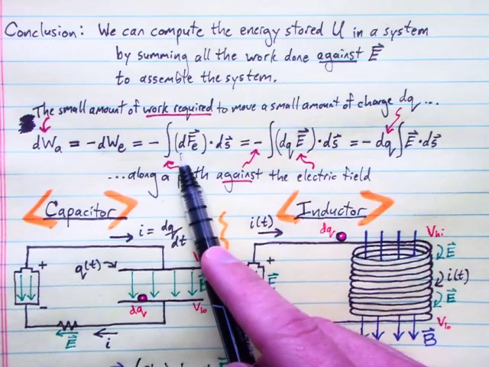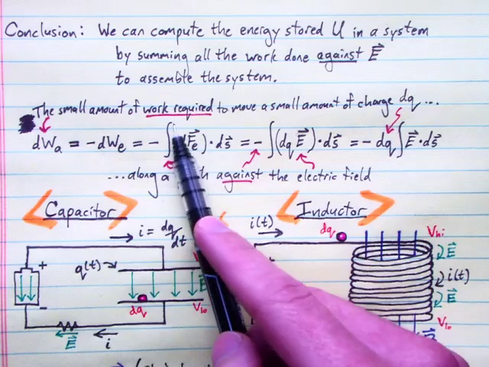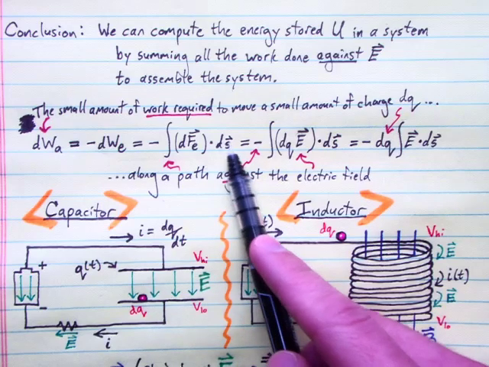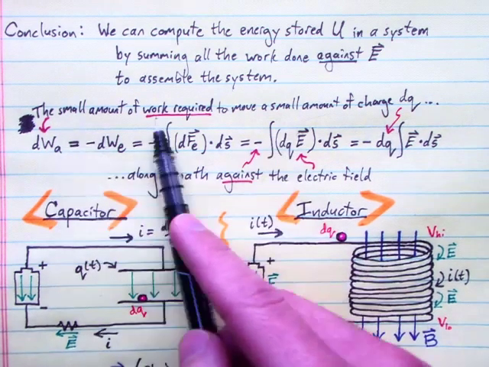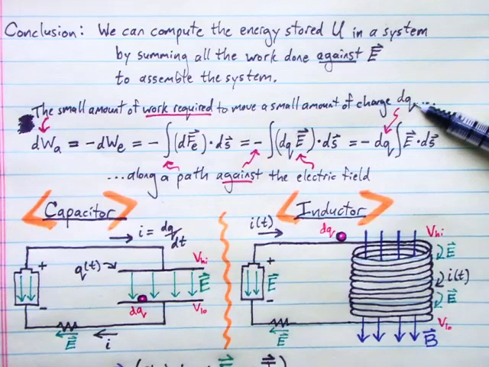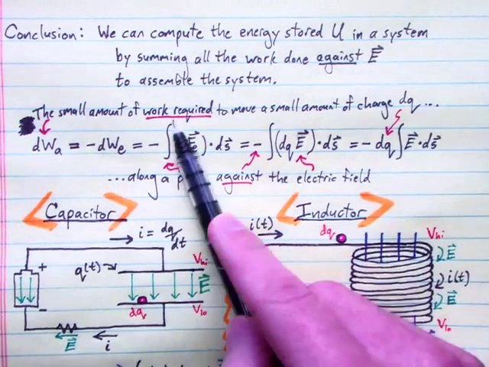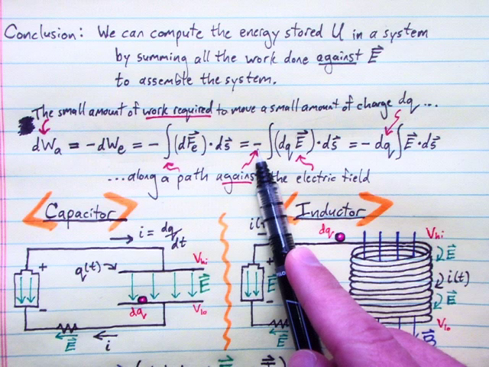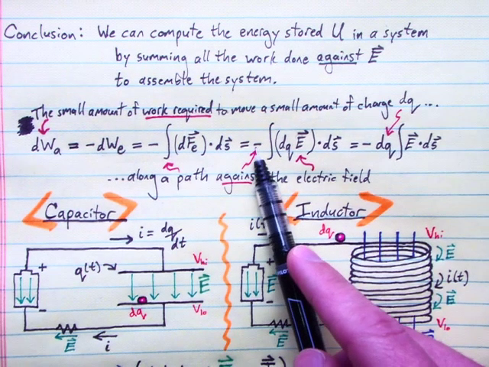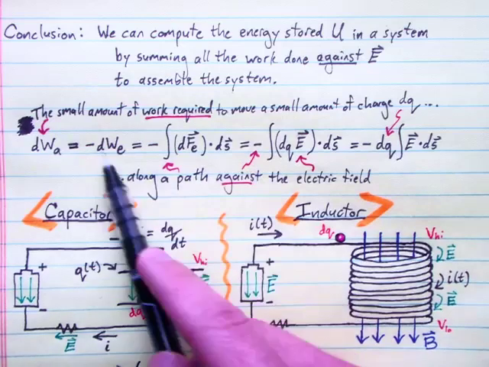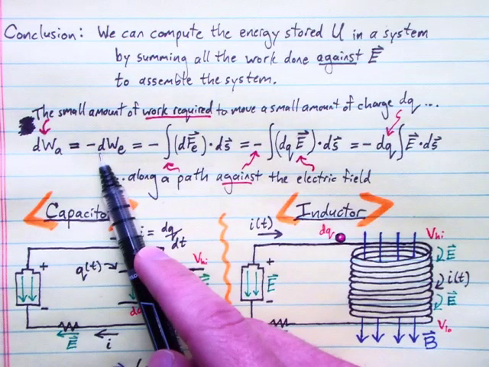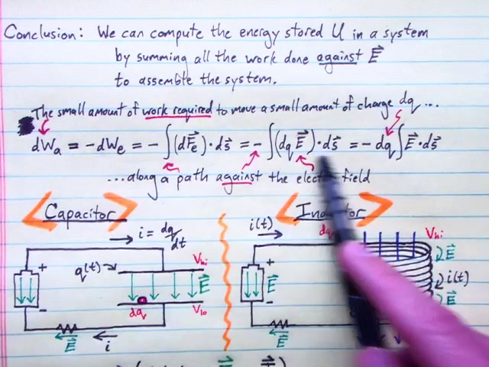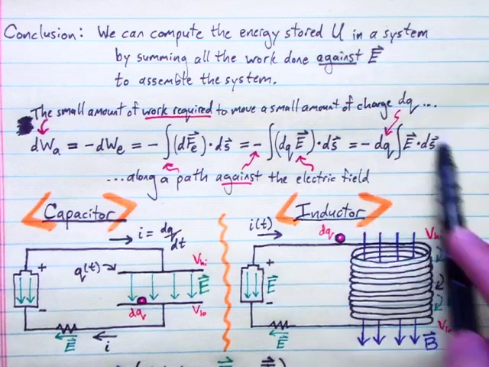And if that electric force is doing work along a path, this is our path integral here with a little displacement increment ds, then the small amount of work required to move a small amount of charge dq along some path against the electric field, that minus sign there is the mathematical indication of this concept of against. We're pushing against the electric force along a path against the electric field is equal to this. This is what we wanted to show.